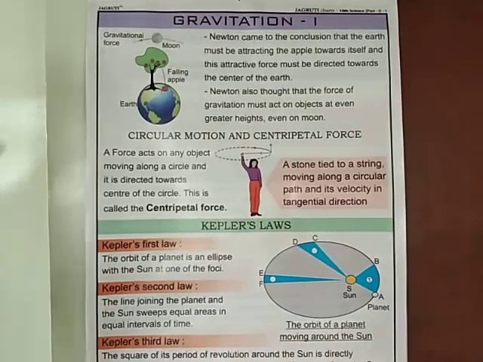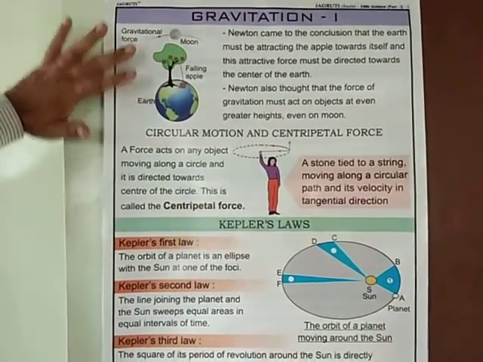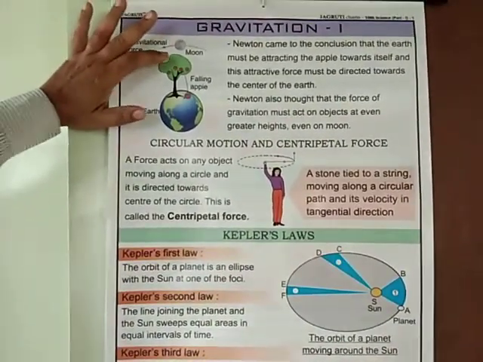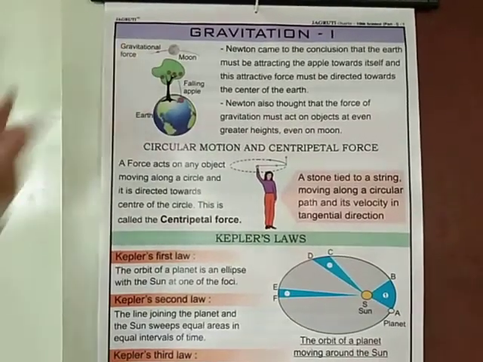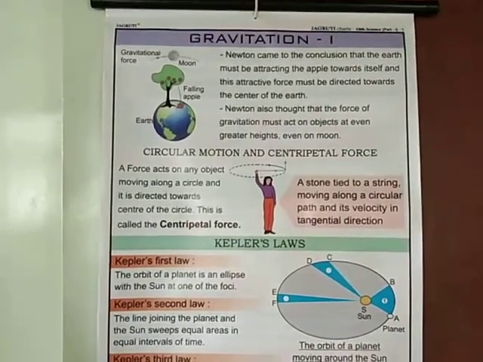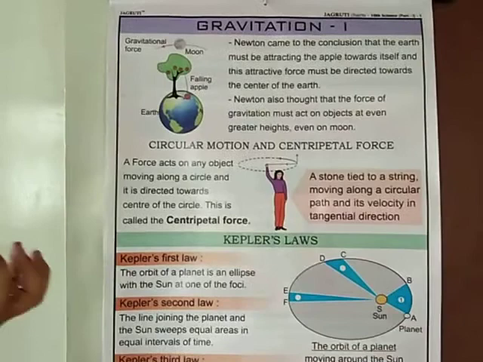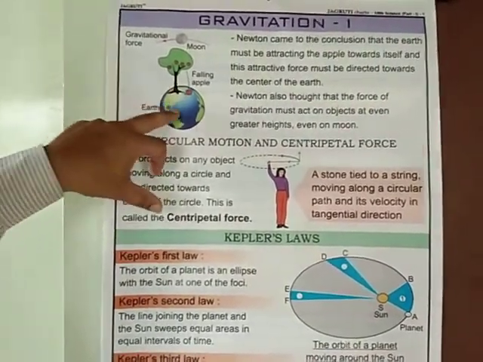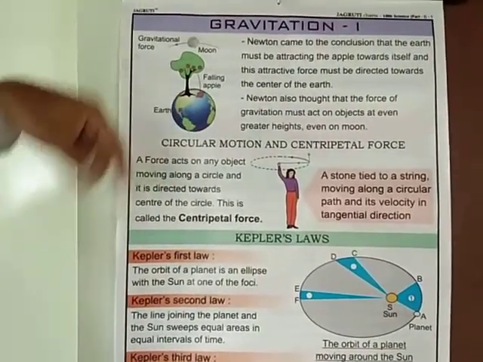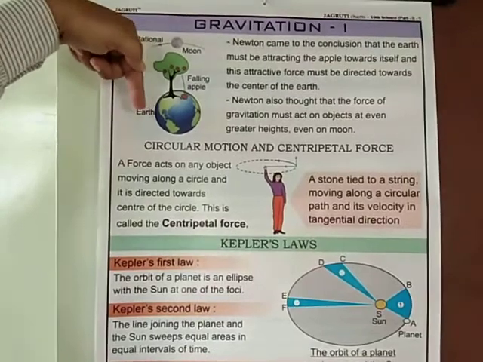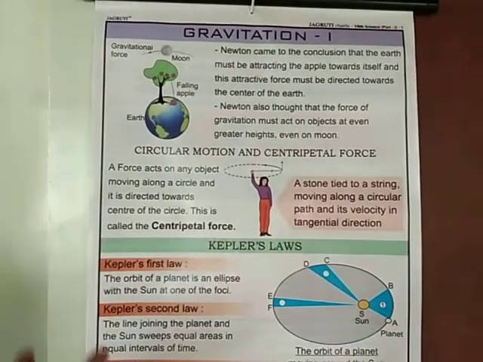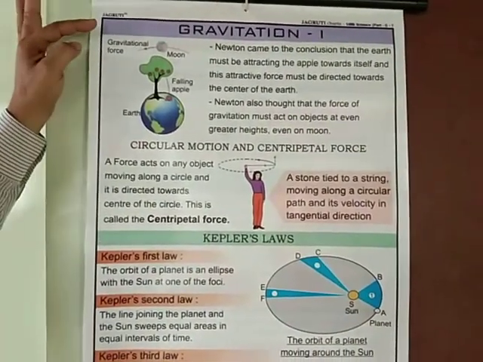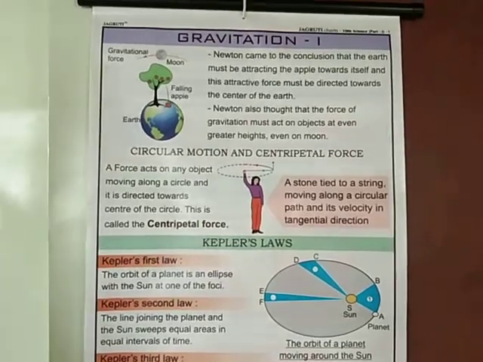Here a diagram is drawn: here is the earth, here is a tree and a falling apple. That means Newton ने क्या conclusion निकाला? Attracting apples towards itself, the attractive force must be directed toward the center of the earth. वो अर्थ के सेंटर के पास आता है, ग्रेविटेशनल फोर्स अट्रैक्टेड.